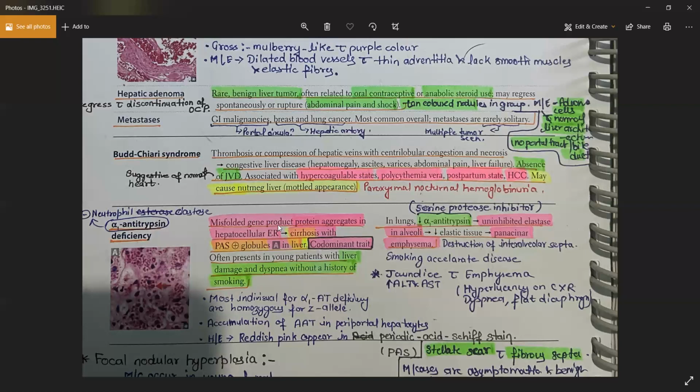This misfolded protein will aggregate within the hepatocellular endoplasmic reticulum, right? And as a result, it will cause cirrhosis. It will cause damage to the hepatocytes, because it will start building up within the cells. Now, can anyone tell me, if I'm having a build-up of the misfolded protein, why is my proteasome not acting on it?